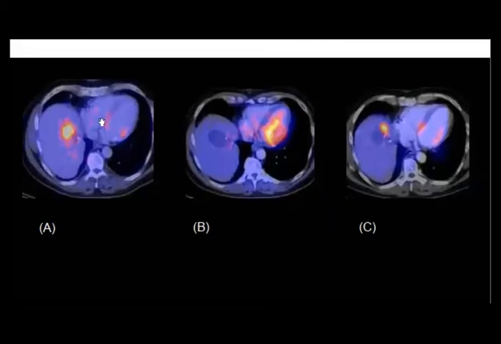He did one initially, and after treatment, he did this one, and again, as a follow-up, he did this one. So if you recognize a lesion in the liver, and if I told you that this patient has a cirrhotic liver, what will be your first differential?